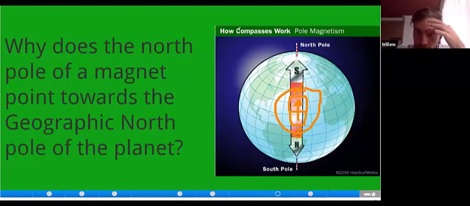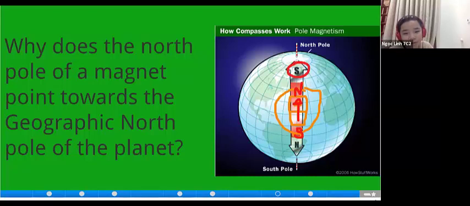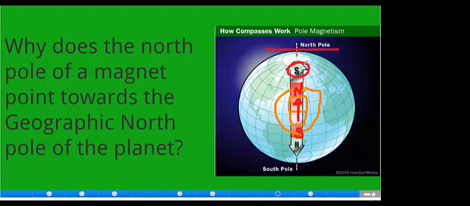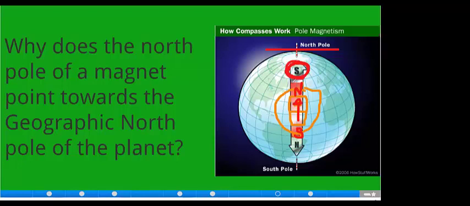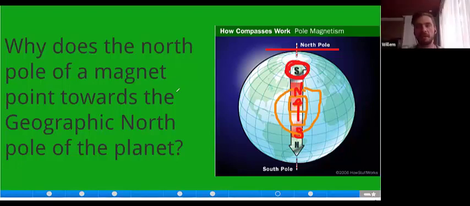And we know that the North Pole of the needle would point towards the geographic North Pole, because it points to the South Pole of the magnet. Okay, so you all remember that the geographic North Pole of the planet is not the North magnetic pole of the planet. Yes? Yes.